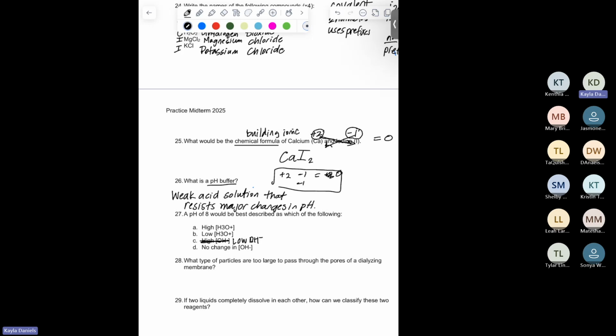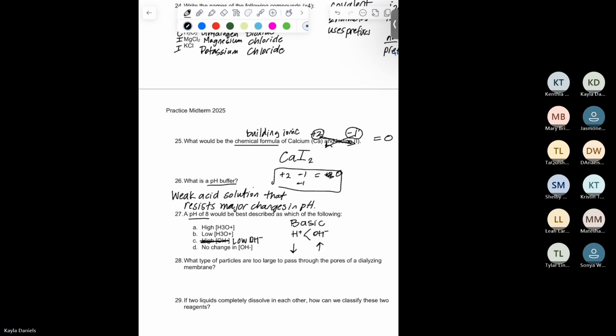Okay, so a pH of 8 is basic, right? A solution that is basic is going to have more OH than it does H plus. Okay, so it's going to have high numbers of this and low numbers of this.